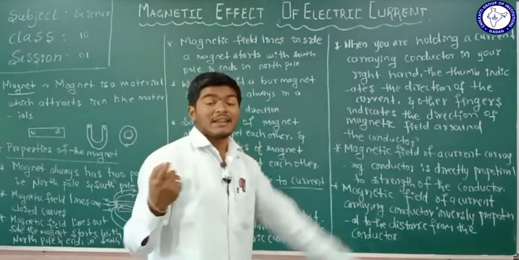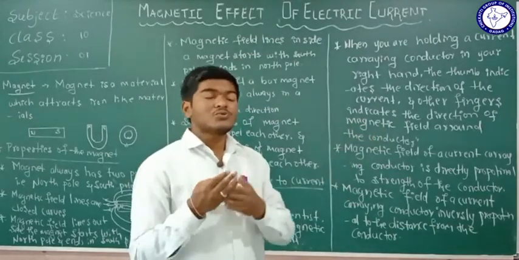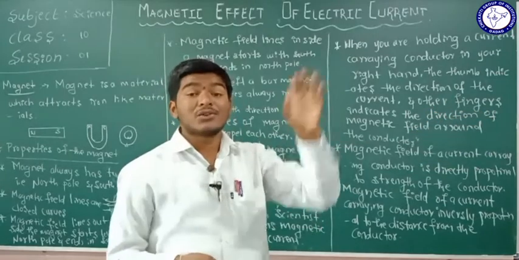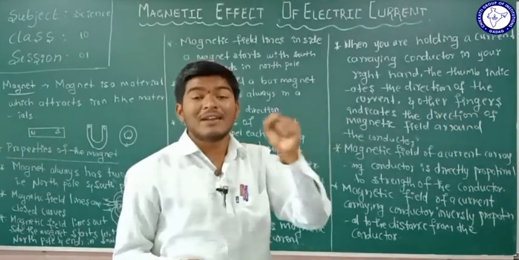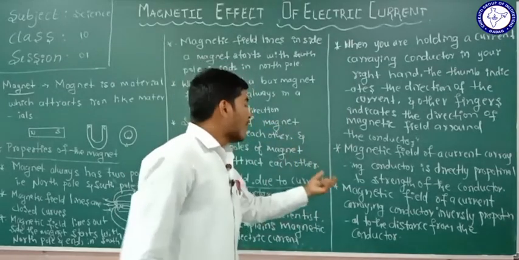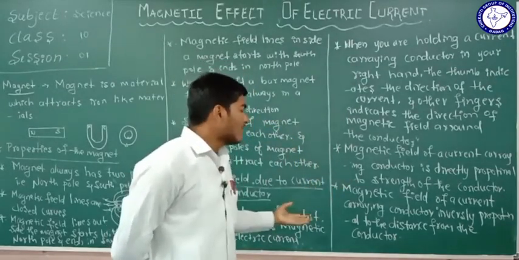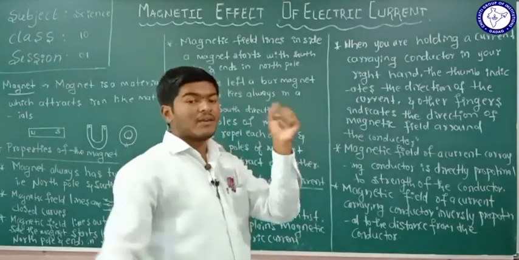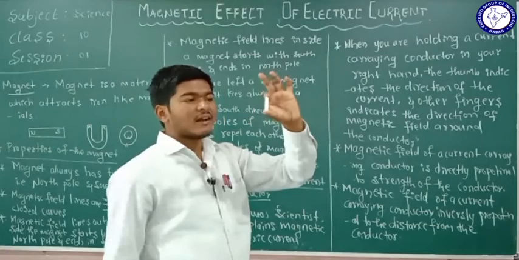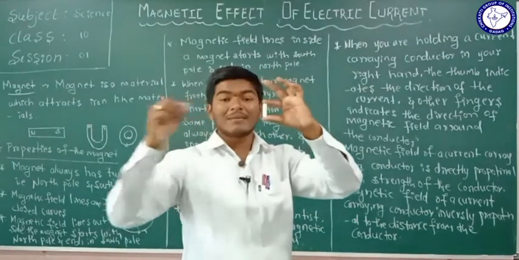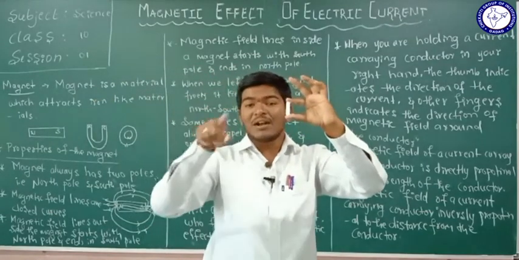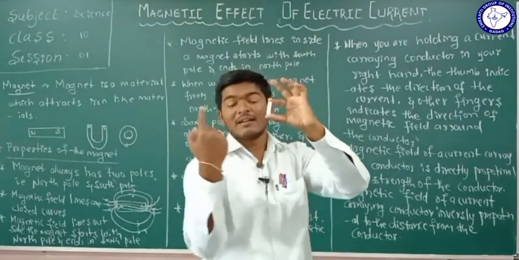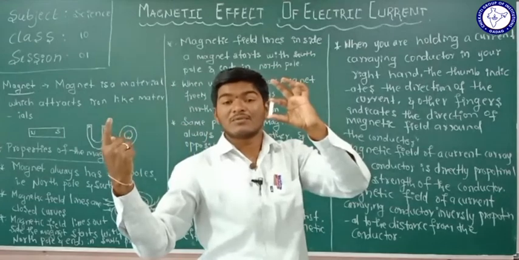What does it mean? Inversely means as we go away from the conductor, the strength of the magnetic field decreases. If we consider this as the conductor, as we move away from it, the magnetic field around it decreases.